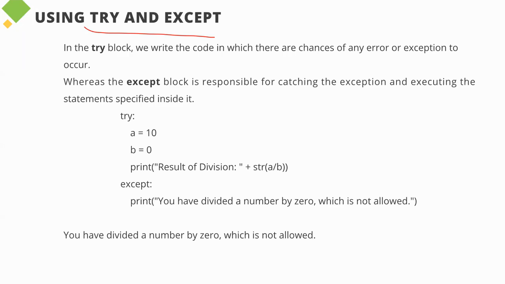The except block is used to catch the exception. Whatever error is raised in the try block is caught by the except block, and it executes the statement specified inside it.